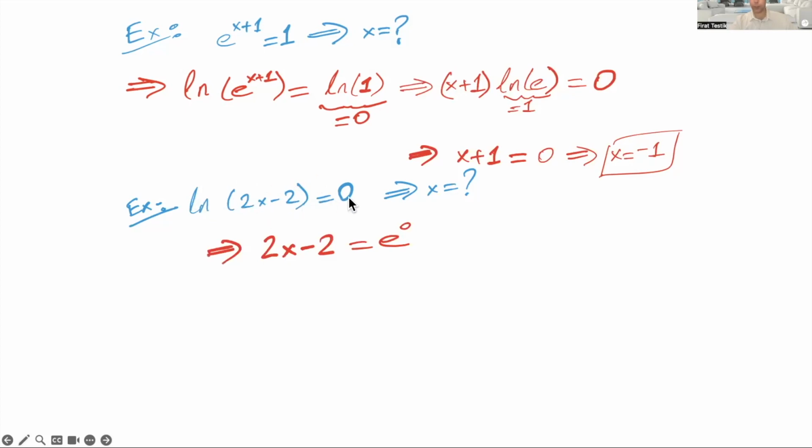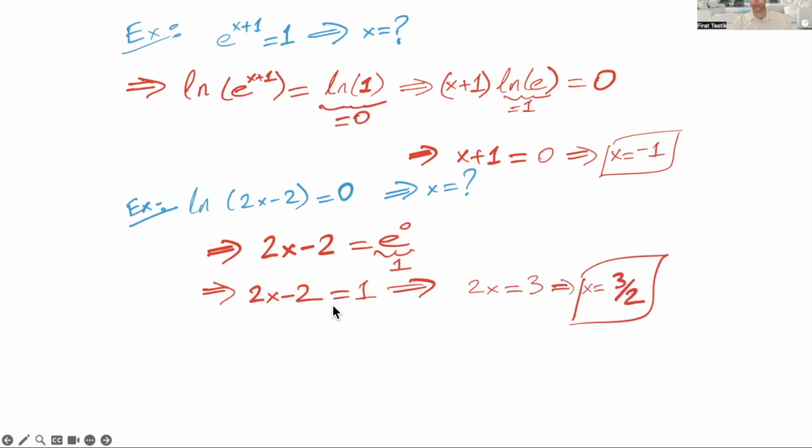Ln of 2x minus 2 equals 0, then the argument 2x minus 2 should be equal to e to the power 0. We know that e to the power 0 is equal to 1. This is something that we learned in the previous video when we discussed the properties of exponents. Then 2x minus 2 equals 1, which is 2x equals 3. Then x is equal to 3 over 2.